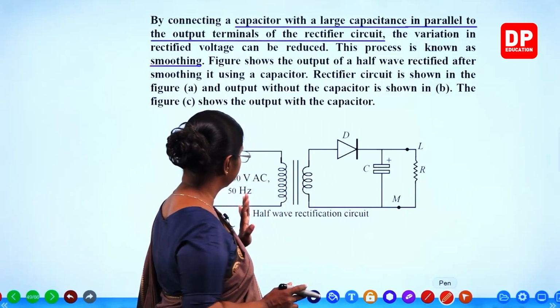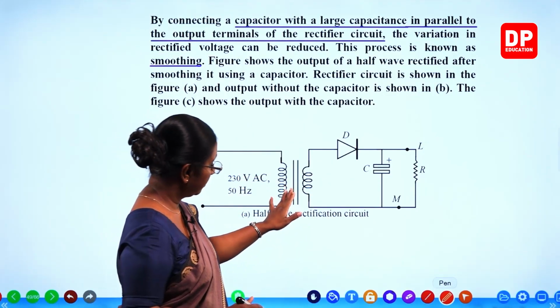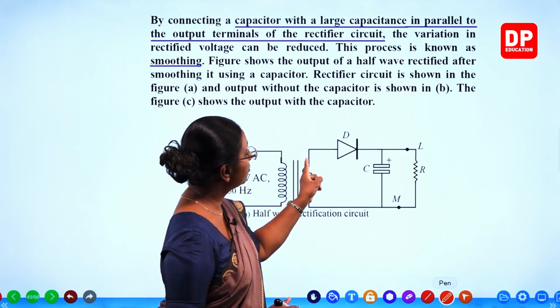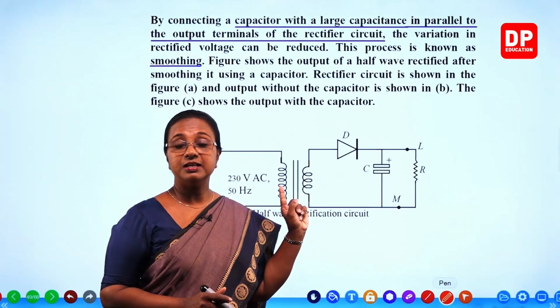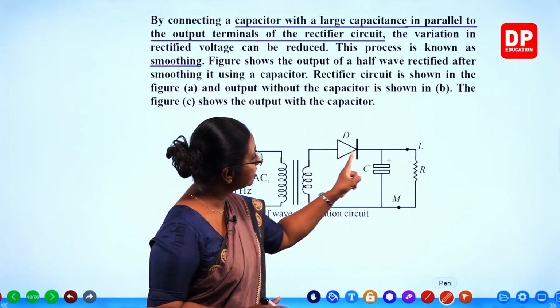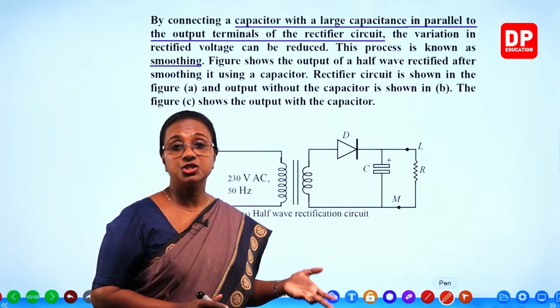So what will happen is, when alternating current is given, the voltage is reduced, and then only part of the cycle will flow through the diode. When there is current flowing through the diode, this capacitor will get charged.